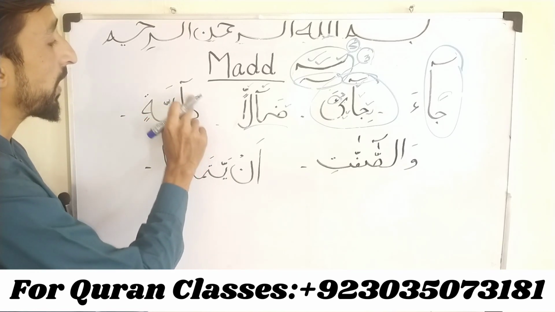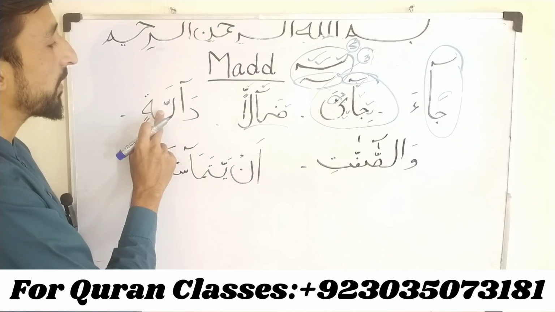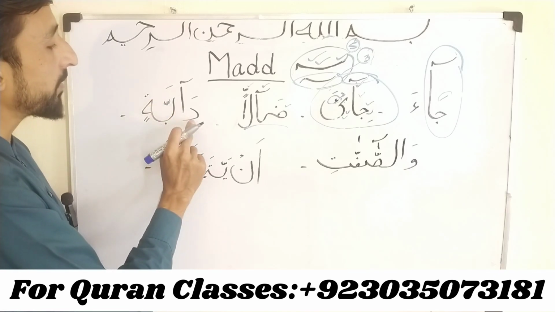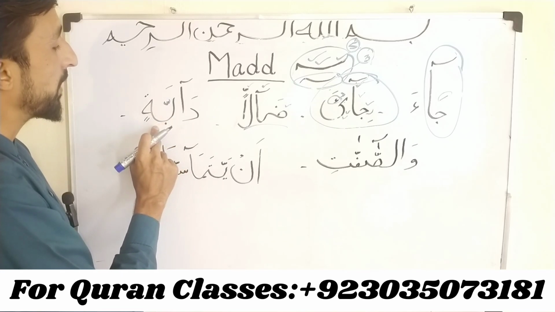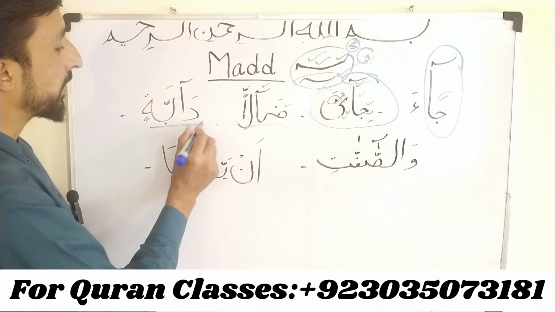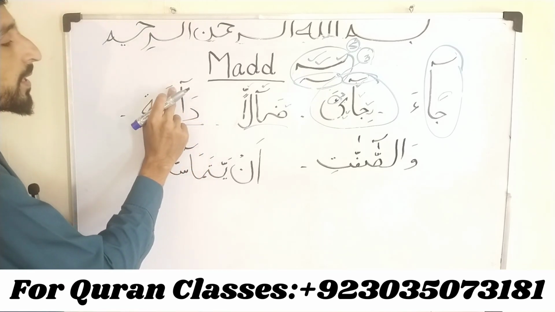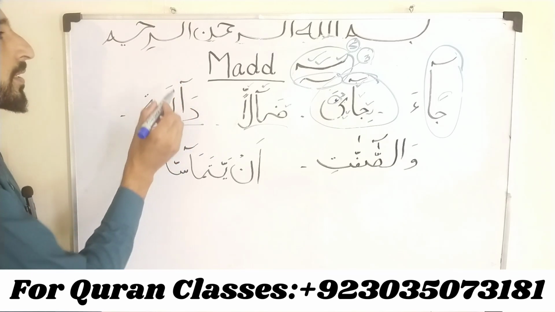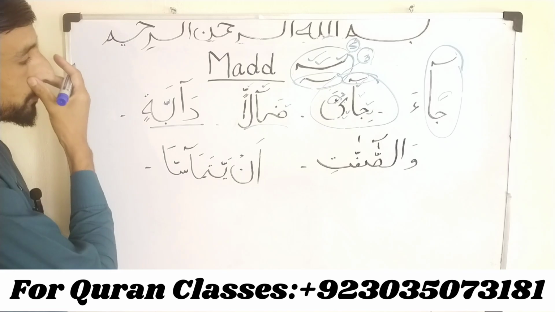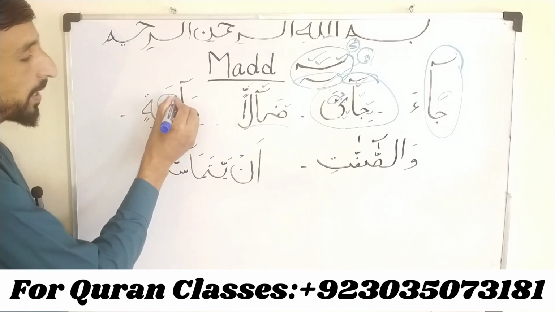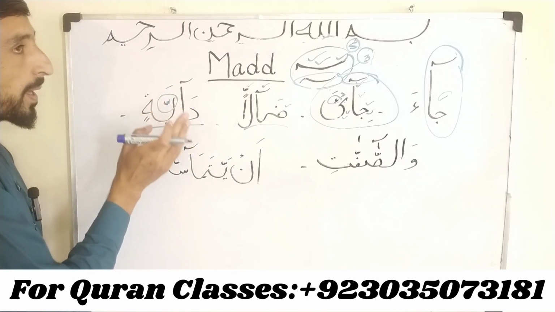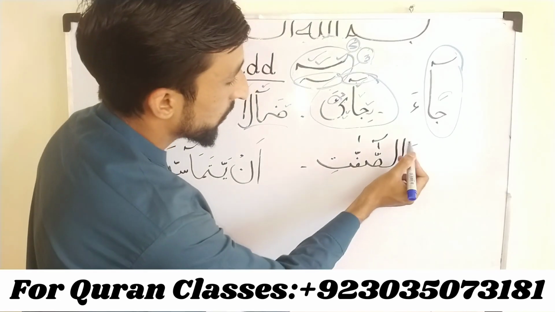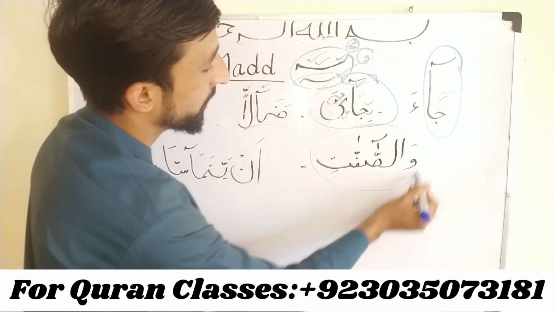So we read dal, alif, ba, fatha, dab, ba, fatha, ba, dabba, ta, double kasra, dabbatin. Some students read it as dabbatin. No. We combine ba. Dabbatin, like that.